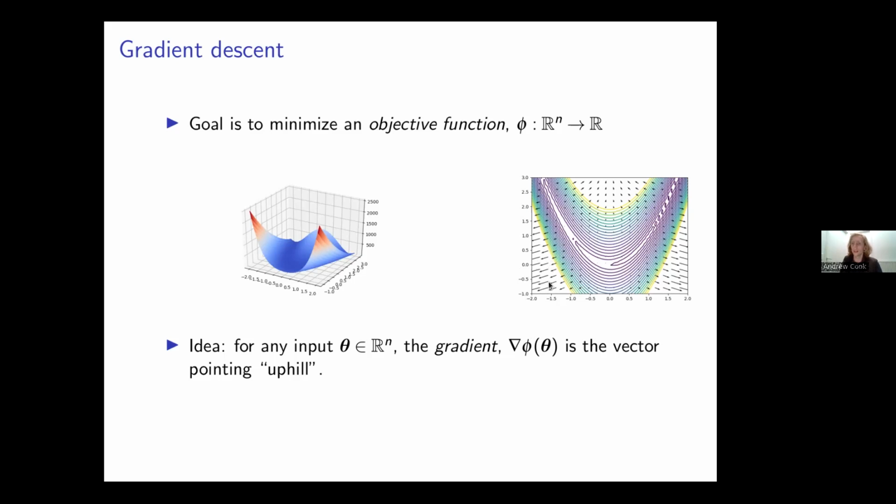If you take the negative of that vector, then that points you, hopefully, towards a local minimum. So that's the idea of gradient descent.